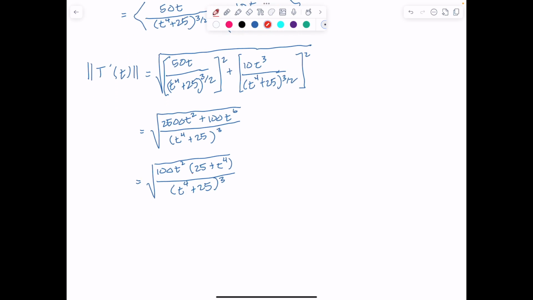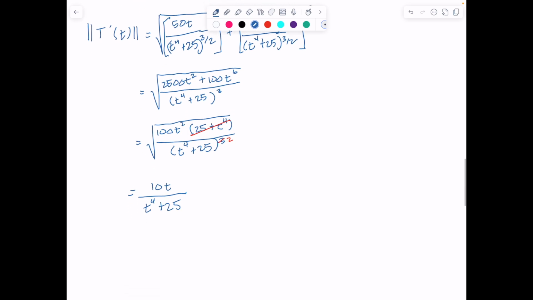So this divides out one of these. So we'll end up with 10t over t to the fourth plus 25 for our magnitude.